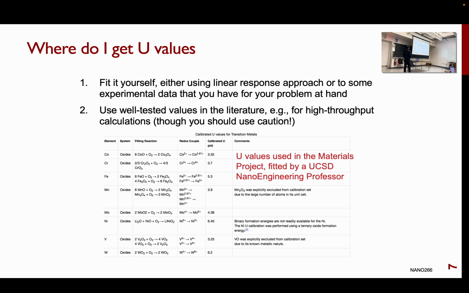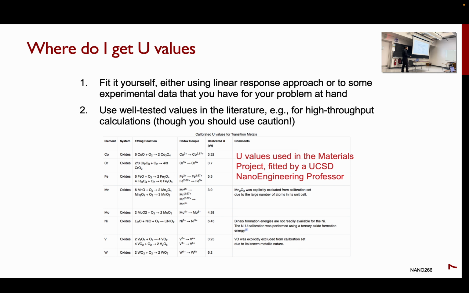Okay? If you are not interested in trying to fit U values yourself, there are already well-tested U values in the literature where people have already done the fitting for you. For example, the Materials Project, which I'm involved in, we actually fitted the U values for a large number of transition metals to reproduce the formation energies of these transition metals, okay?